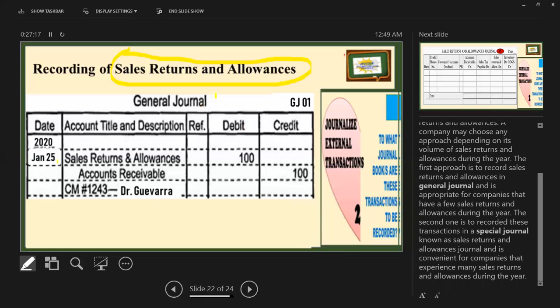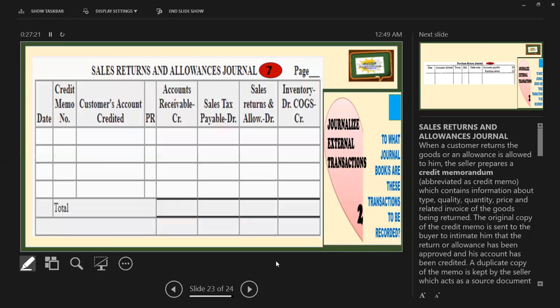So this one is for the general journal, the first approach, and then this one is for the special journal, the second approach. This is the special journal.